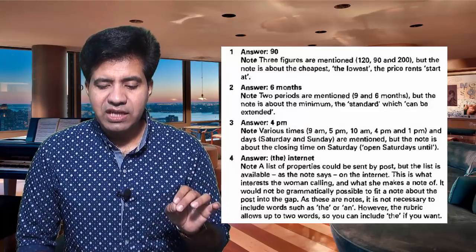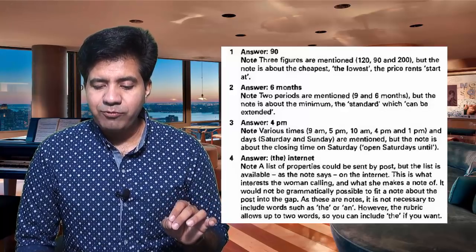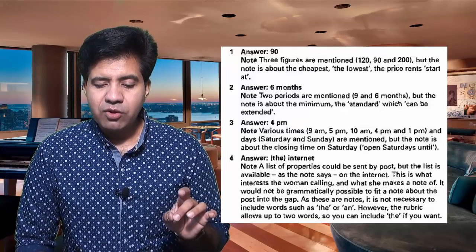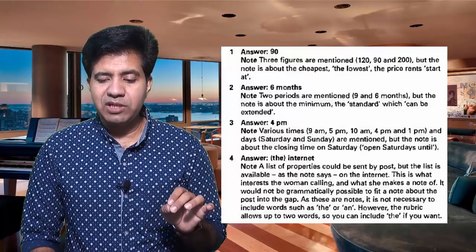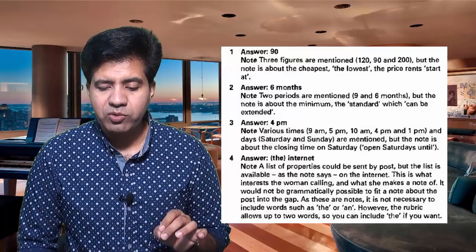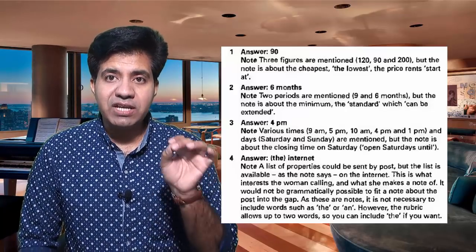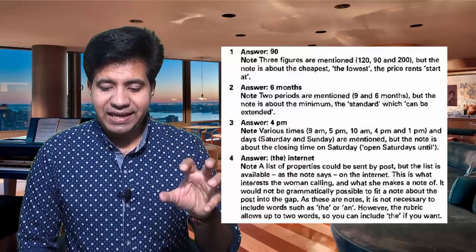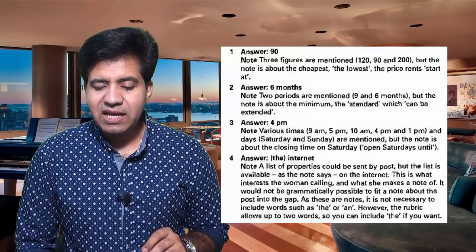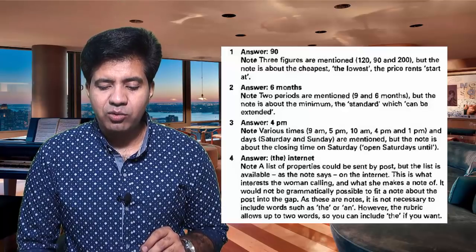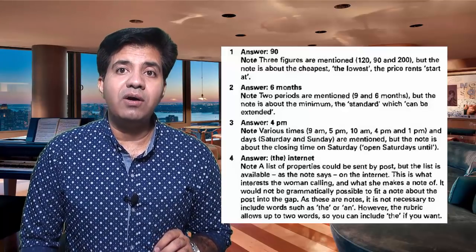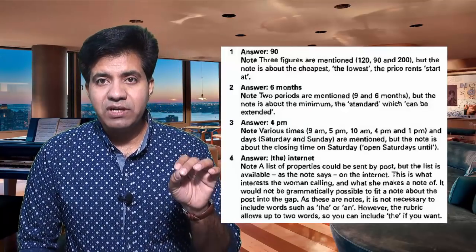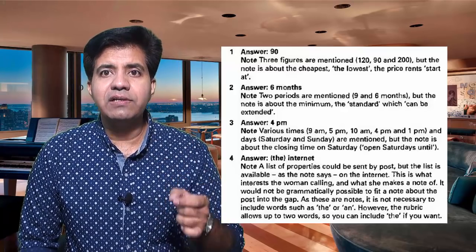That is what interests the woman calling, and what she makes a note of. It would not be grammatically possible to fit a note about the post into the gap. So what she writes, that is not possible to fit in the gap, right? As these are notes, it is not necessary to include words such as the or an. Whenever you are writing the notes, articles are not important.